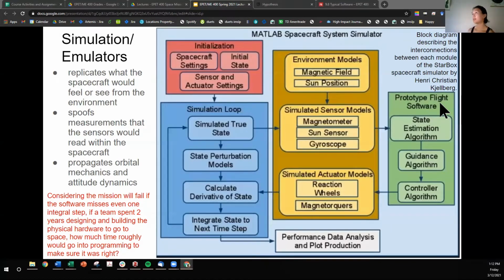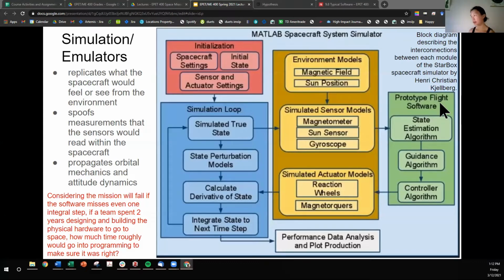So these simulators are for testing on ground and trying to test in a way that doesn't stress the hardware, yet tests out the flight software.